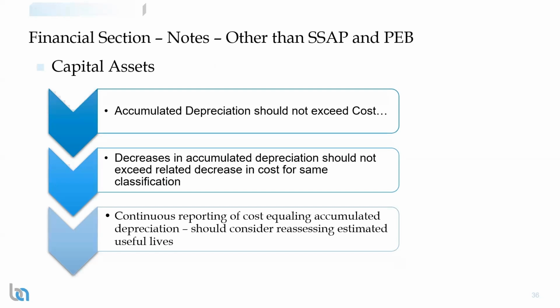So it's often maybe some kind of misclassification happened at some point, or something went wrong at some point, and that just needs to be looked out for. Similarly, when you have a deletion of an asset, the cost should be higher than the deletion of the accumulated depreciation, right? Yeah.